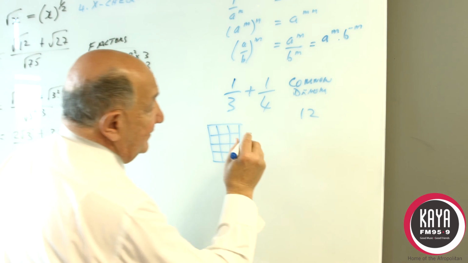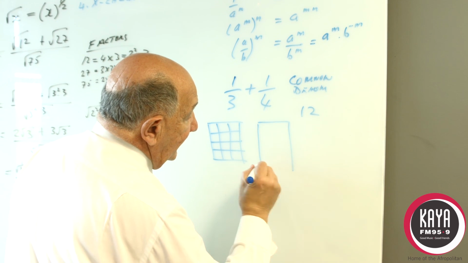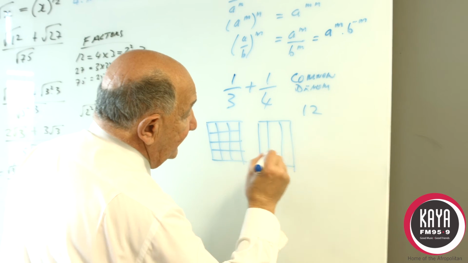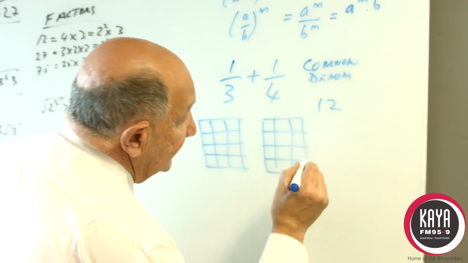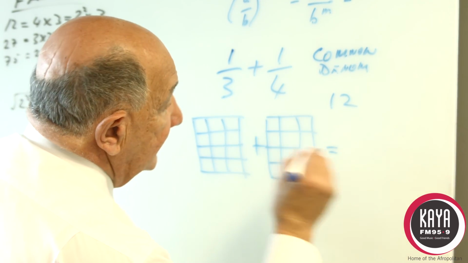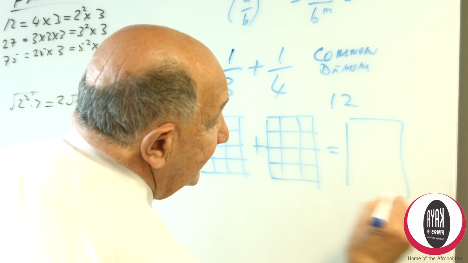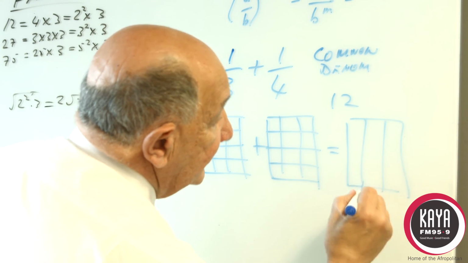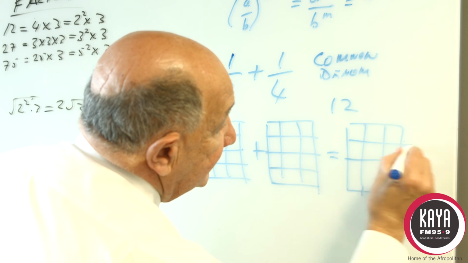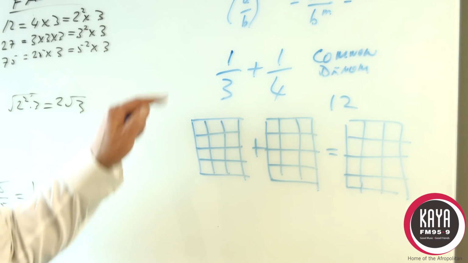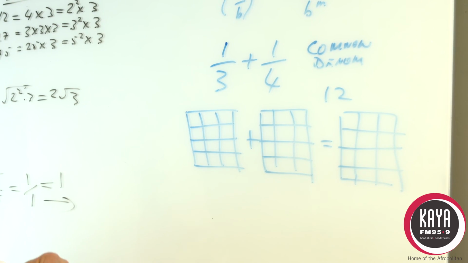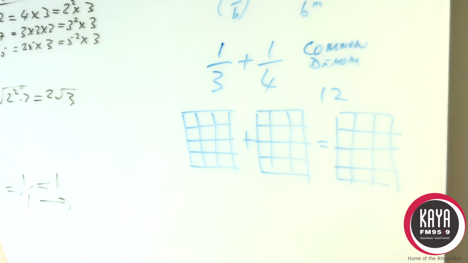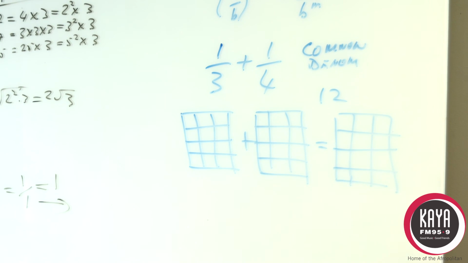So in this 3 by 4 grid, I just need 3 of these. And then we have one more grid, which will be the answer. So 1/3 of 12 is 4.